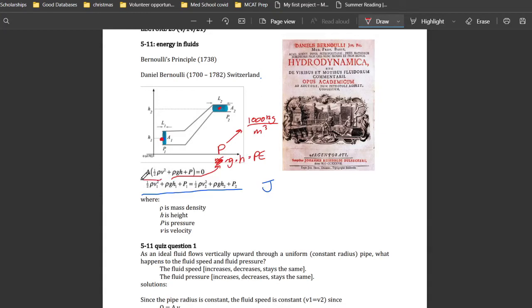And we see the second part here, 1/2 rho times velocity squared. That's very similar to kinetic energy, which is equal to 1/2 mass times velocity squared.